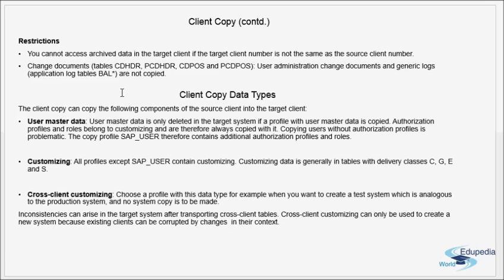But whenever you do a client copy from a different system, the system already has some clients which have some cross-client customizing. So if you bring this cross-client data from that client, then the existing cross-client data in the new client will be corrupted.